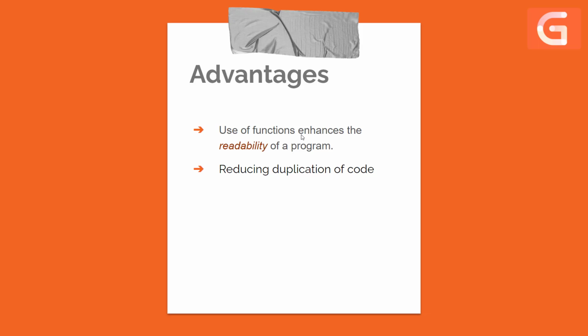The second thing is it reduces duplication of code. So let me give you an example. If, for example, you're developing a program, and in your program you'll be doing a lot of mathematical calculations. Let's say you'll be doing a lot of summation. So one way of doing this is every time you want to do a mathematical operation, let's say summation, you will just duplicate the same code every time.